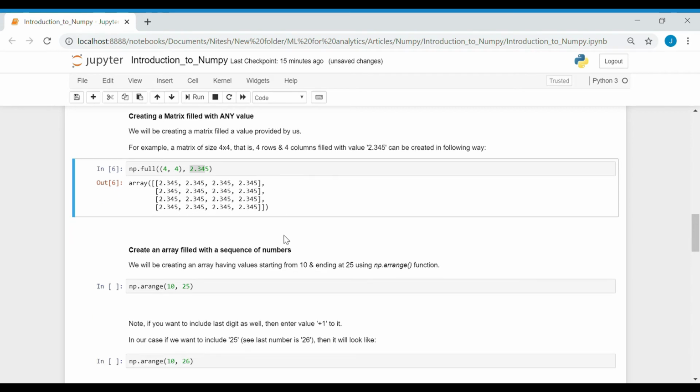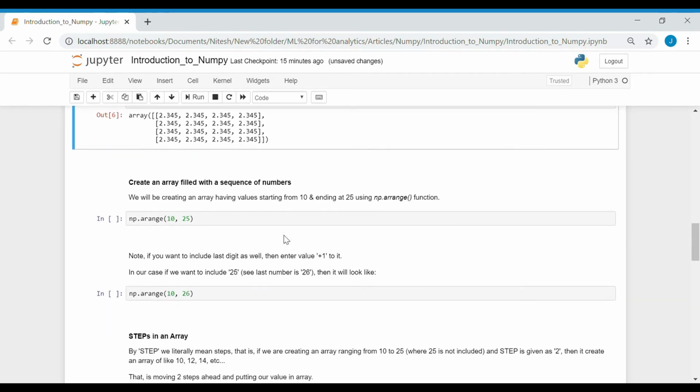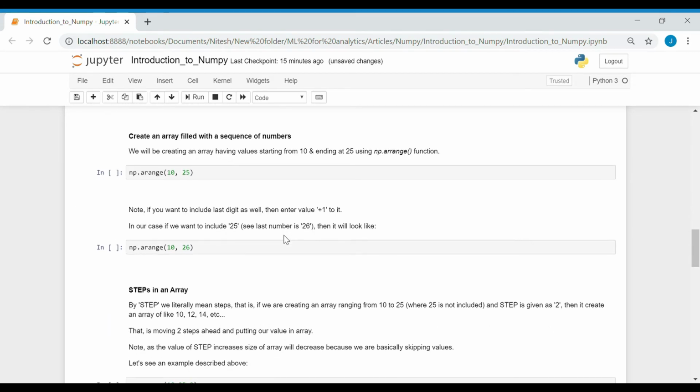Coming to the next topic, create an array filled with a sequence of numbers. Suppose you want to create a sequential array. What will you do then? The answer is pretty easy. You say arrange the numbers, right? And the same is the function name over here. np.arange. It will arrange your numbers from 10 to 25.